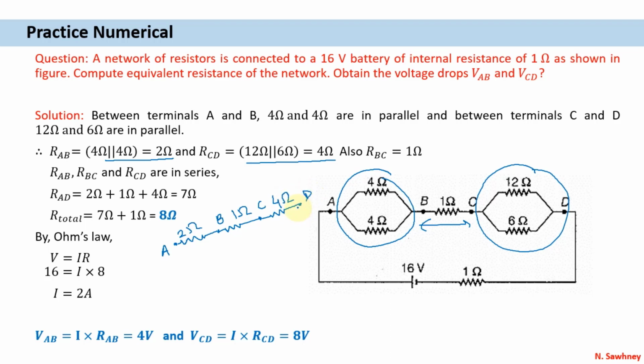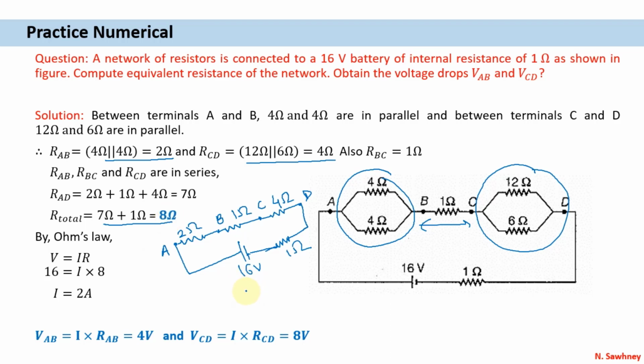From terminal D, the internal resistance of value 1 ohm given in the network, and this is the input 16 volt given in the question. Now if we look carefully, 2 ohm, 1 ohm and 4 ohm all are in series between A and D. Also 1 ohm as the internal resistance of the network is in series with the equivalent resistance. So the total will be the addition of all 4 resistances, that is 8 ohm. That will be the equivalent resistance.